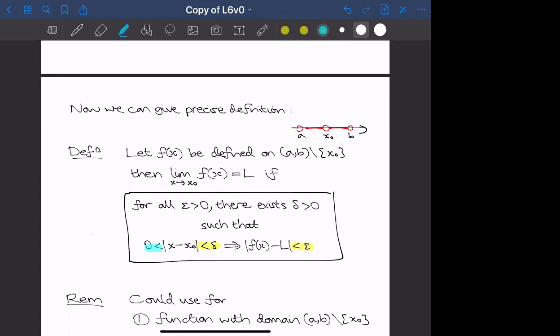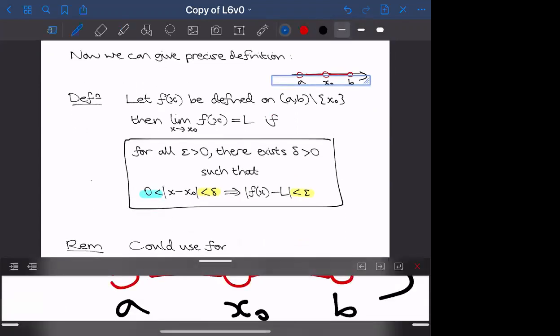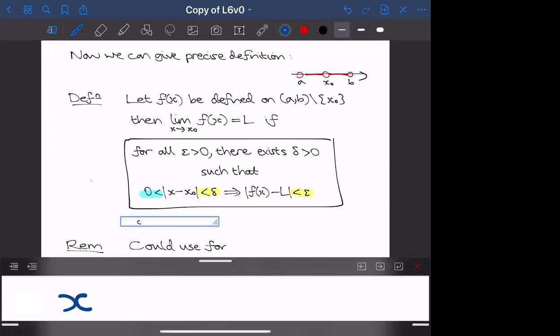We take the absolute value of x minus x0 greater than 0. In other words, x is not equal to x0.